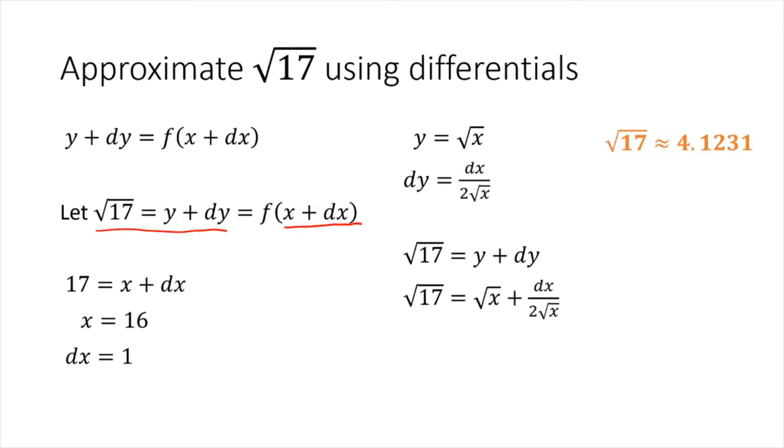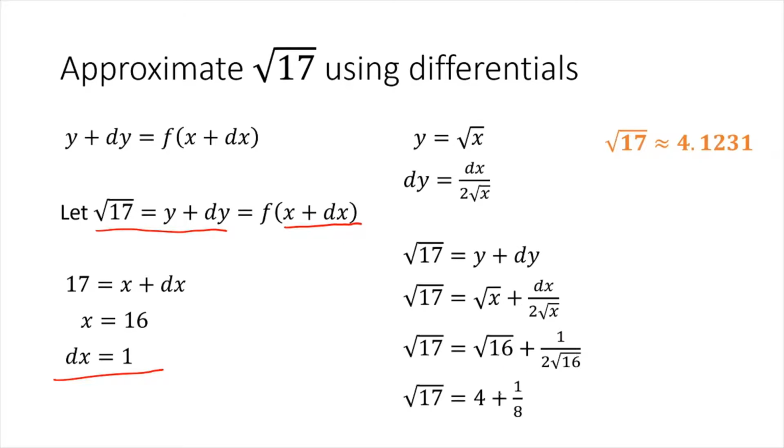And then substitute the values for x and dx. You already have identified what x and dx are previously. Plug in the values: x is 16, dx is 1. And then evaluate. Square root of 16 is 4, so this will become 1 over 8.